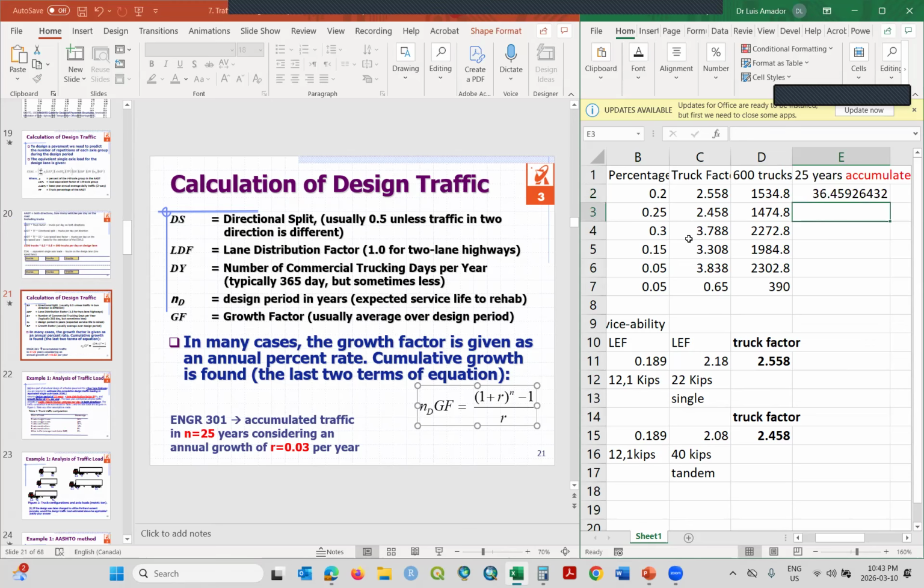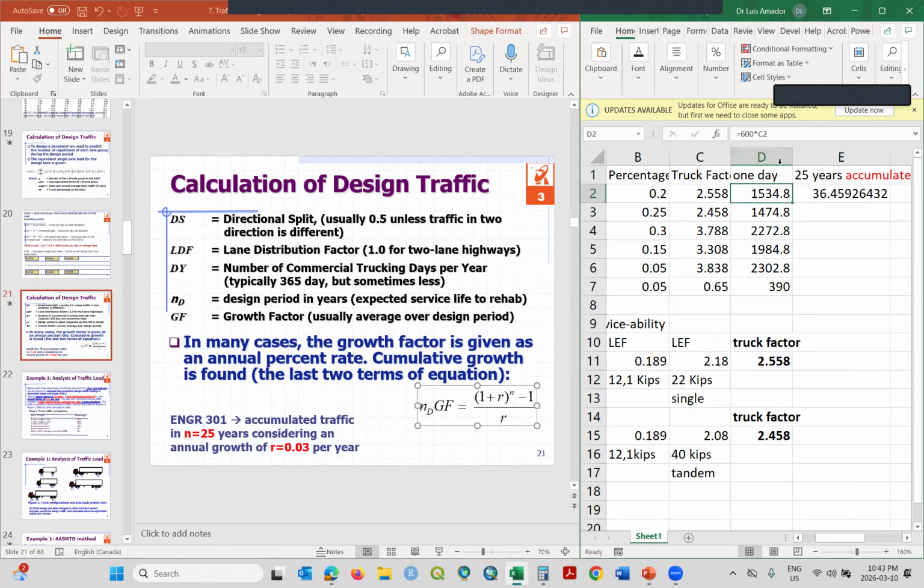So it is 36.45, the number of times you need to multiply the traffic on the base year to get to the accumulation in 25 years. Now, this one over here is in 1 day.